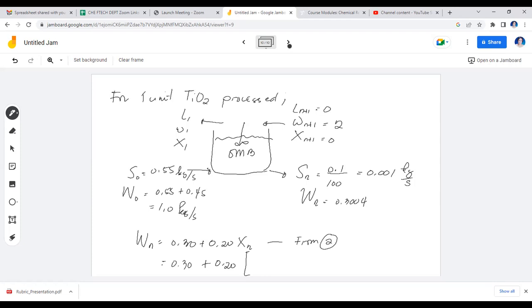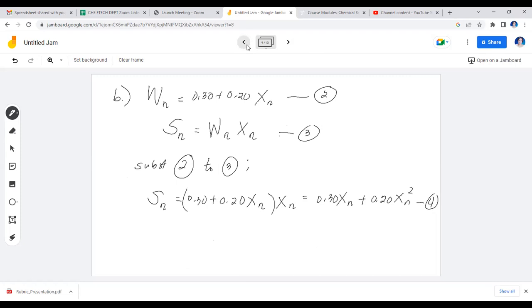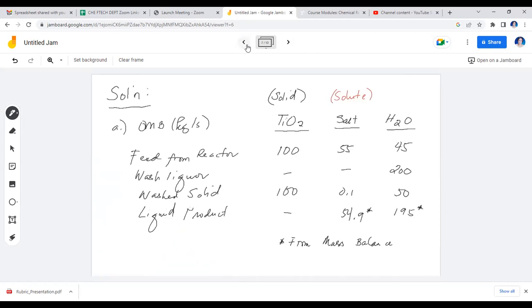So the x sub n in your underflow, based on the table that we have, has this amount: 0.1 salt and 50 water. So to get the concentration of the solution, it will be 0.1 salt divided by salt and water, 0.1 salt plus 50 kilograms water.